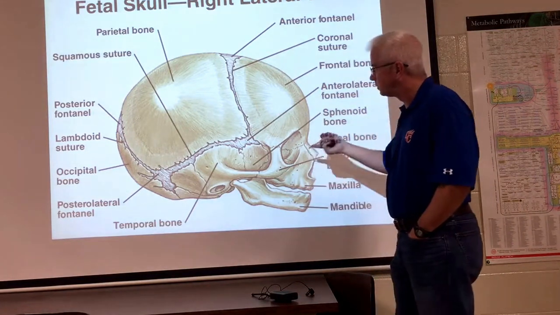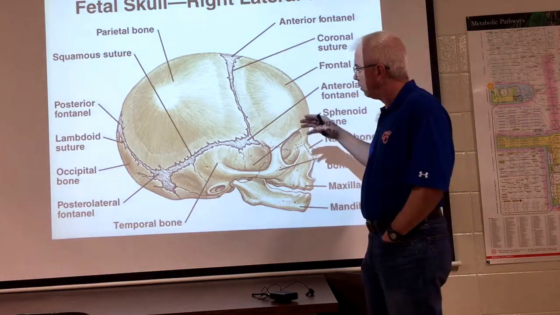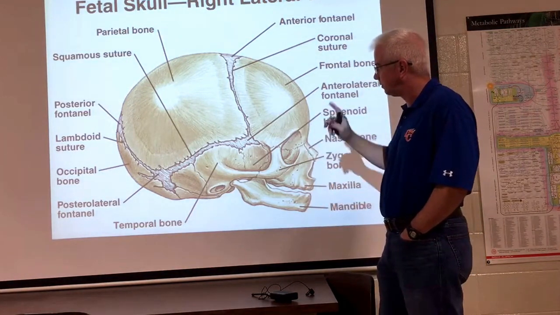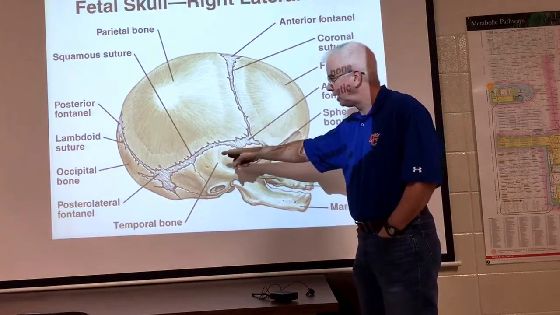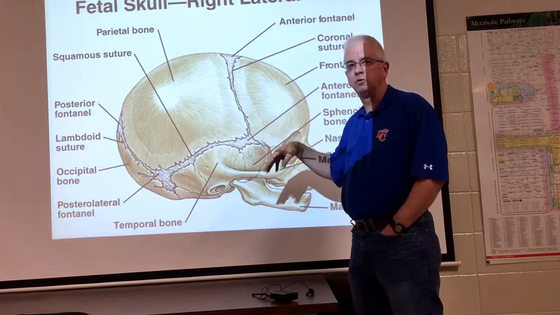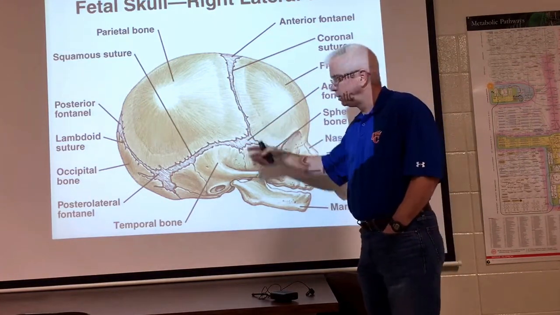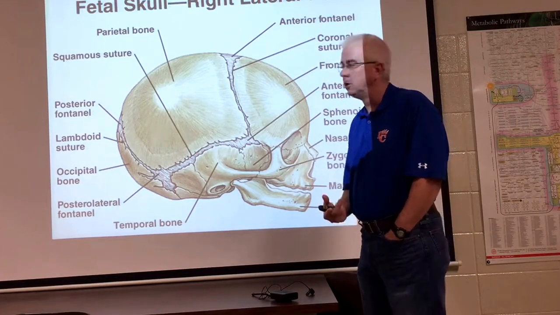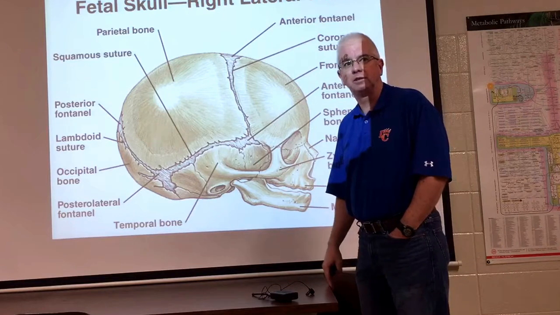Okay, so we start with the fetal skull and point out the bones and the sutures here. But the first thing you notice when you look at this skull, this is a lateral view, is that the sutures between the bones are not really sutural joints yet. They are, in fact, remnants of what we learned was the process of making skull bones called intramembranous ossification.